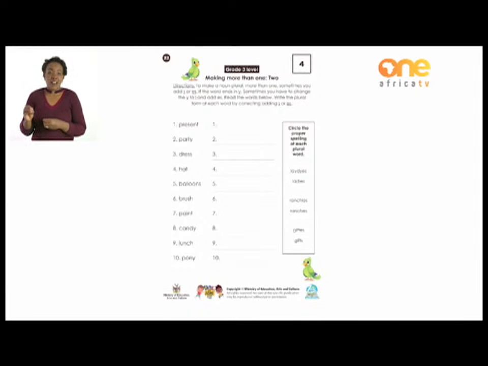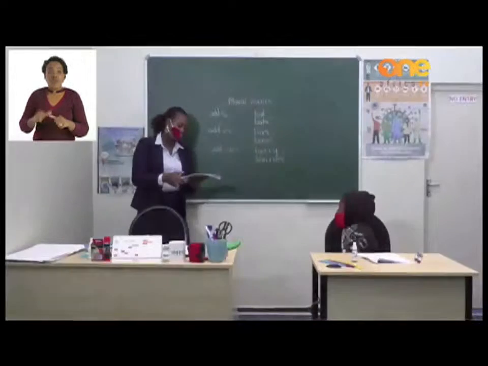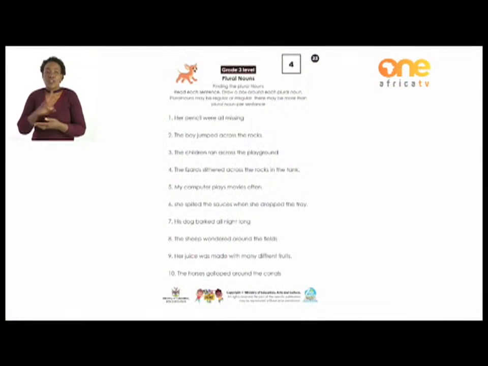Grade 3s. And now let's move on to page 23, where we are given sentences and we must identify plural nouns. Grade 3s.